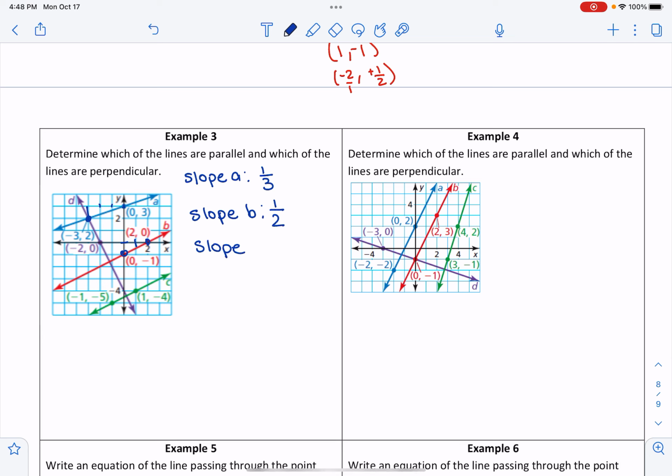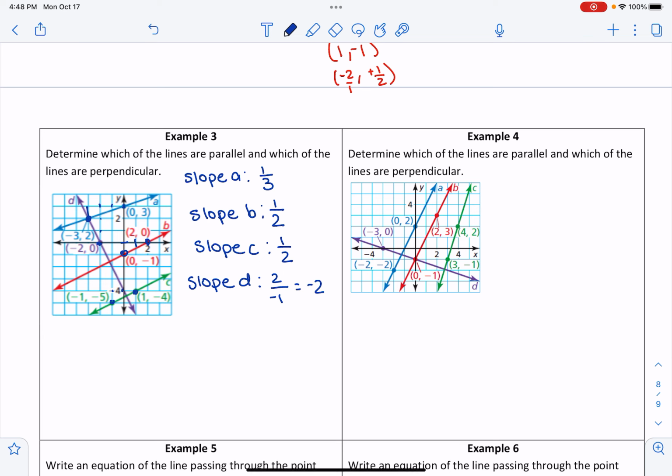Slope C, starting here, moving here, has a rise of 1, run of 2. So again, 1/2. And line D, slope D, is right here, rise 2, run -1. So rise 2, run -1, or -2.